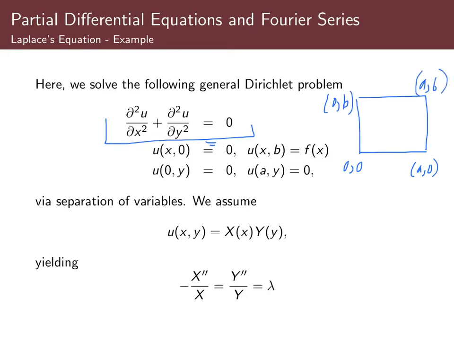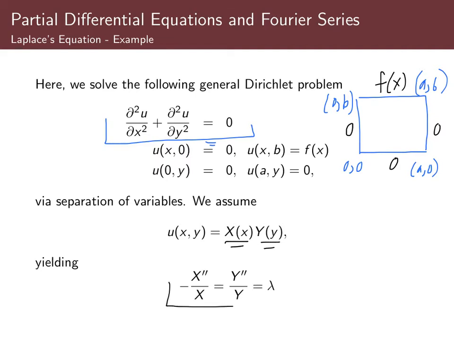We're going to assume the temperature is 0 along this side and this side, and it's going to be some function f of x on the top. And we're going to solve it via separation of variables again. So instead of assuming u is equal to a big X times a big T, we just assume that u is a big X times a big Y.